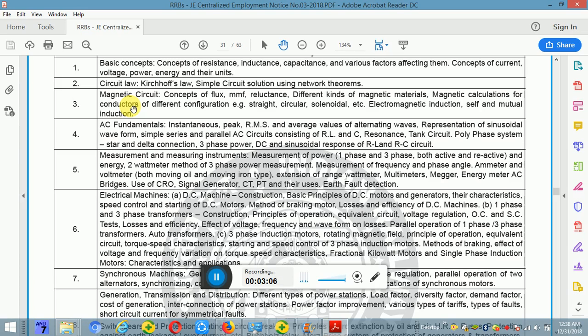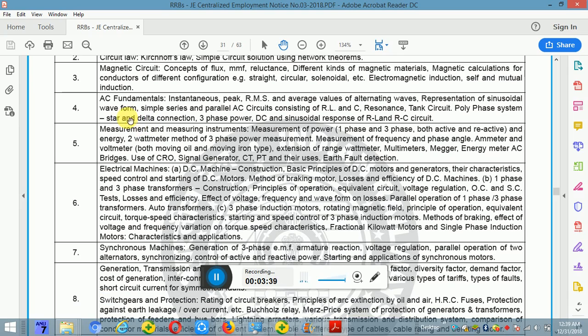Flux, MMF, reluctance are the same as current, EMF and resistance in electrical circuits. And different kinds of magnetic materials: diamagnetic, paramagnetic, and ferromagnetic materials, and magnetic calculations regarding flux, and straight, circular and solenoid materials, and electromagnetic induction, which mainly occurs in machine principles, and self and mutual inductance.